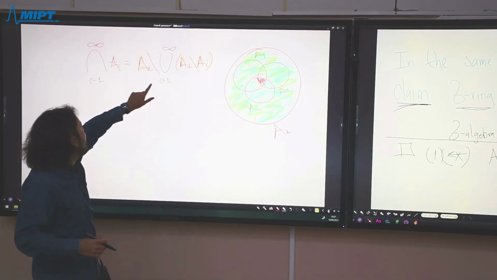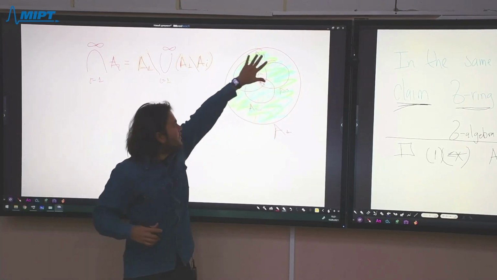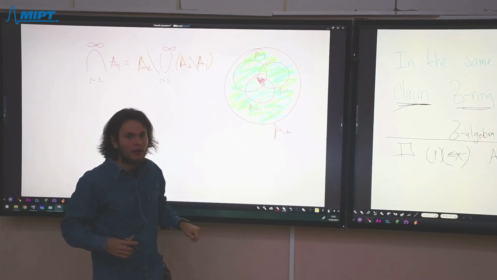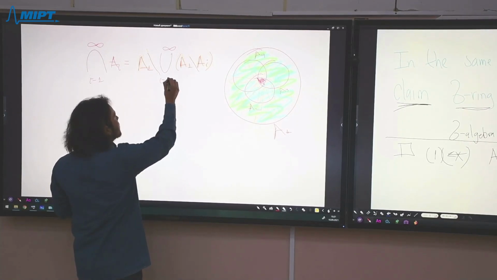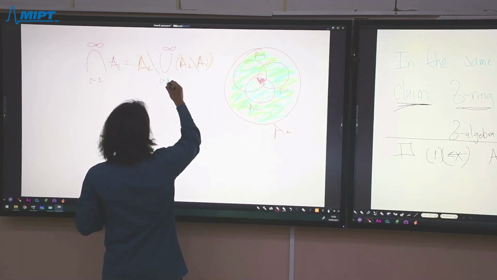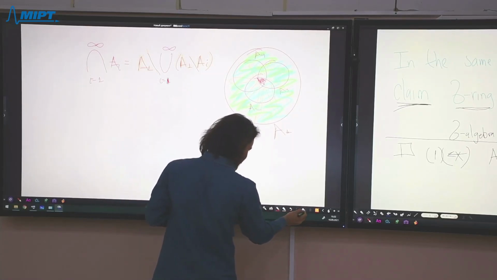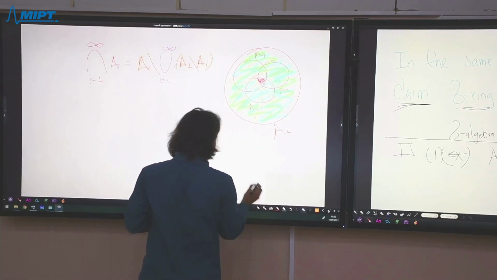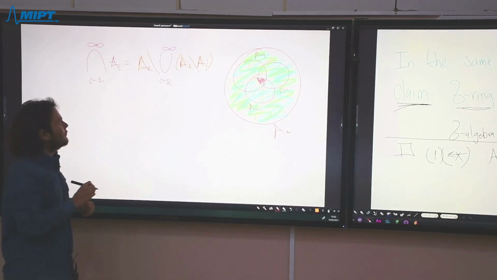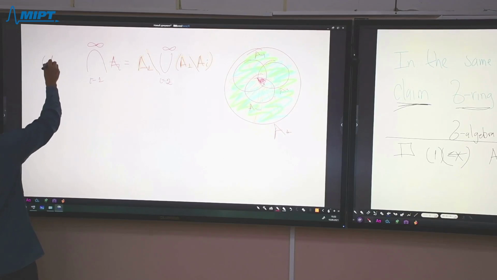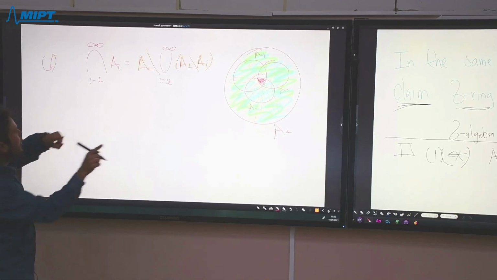And then finally, from A1, we take all of this out, and we get the intersection. It's from 2. Good. So this is the first one in that direction.